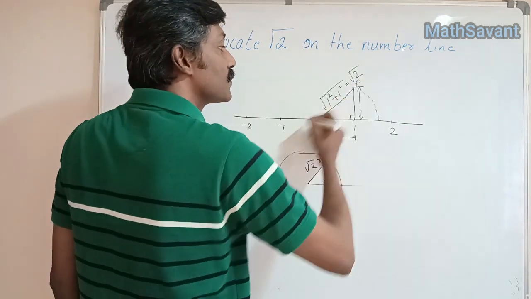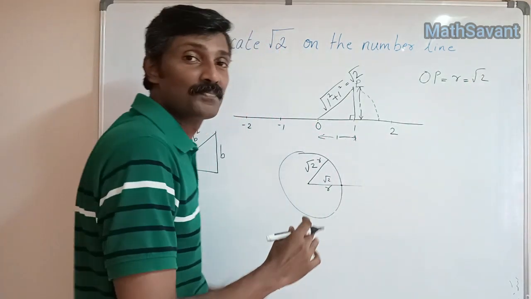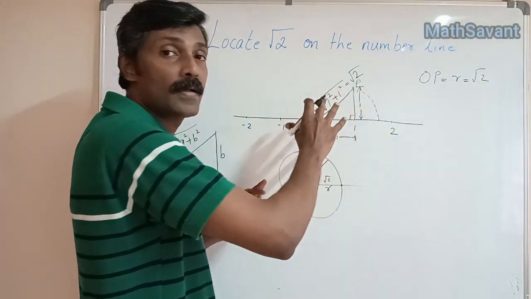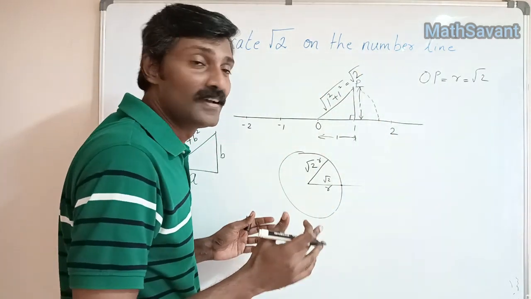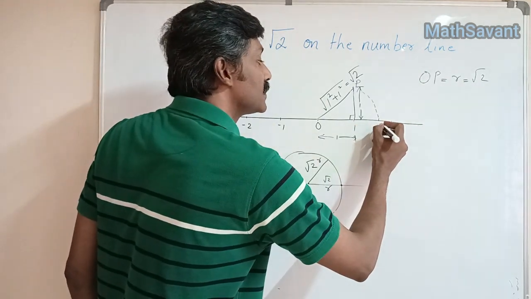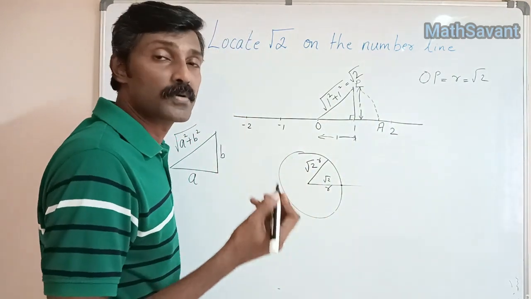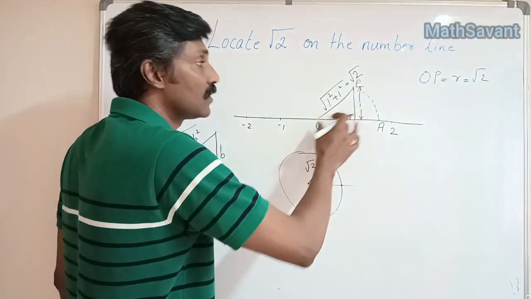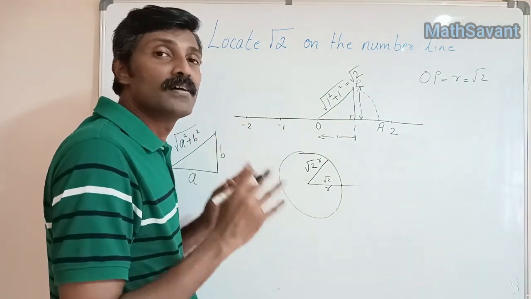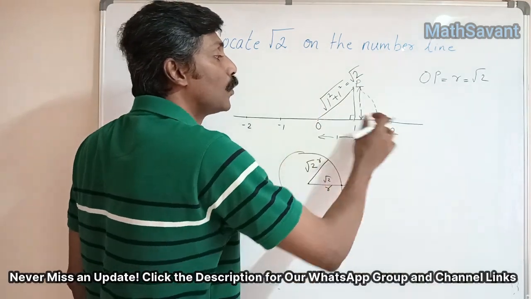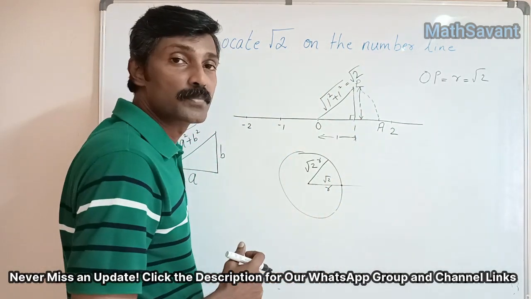So OP is the radius, which is root 2, and similarly when we rotate OP using OP as the radius, that circle touches the number line, and if I name this point A, then OA also has to be square root of 2. Why? Because it is the radius of the same circle, and we know that in a circle the radius you draw anywhere is equal, right? So OP is the radius, OA is the radius, they have to be equal. So if OP is square root of 2, OA also has to be square root of 2.